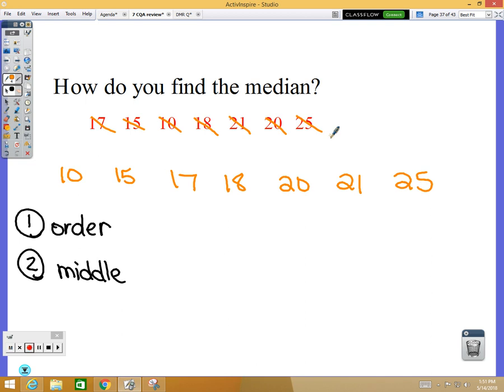A lot of people, when they're finding the middle number, they like to cross one off the front, cross one off the back. Cross one off the front, cross one off the back. There it is, 18. So there's our median.